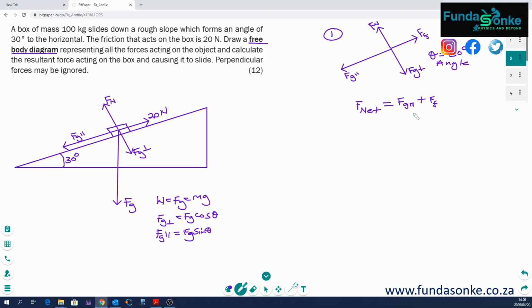Of which we know that Fg parallel is given by force due to gravity multiplied by sine theta.